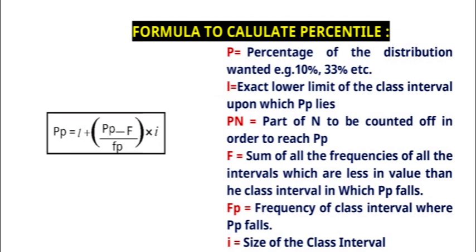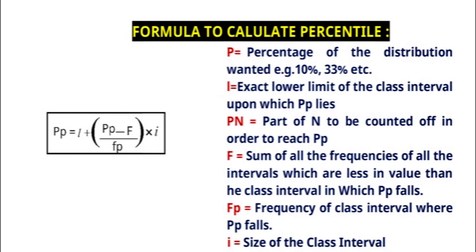This small p is the percentage of the distribution wanted. For example, if you want the 10th percentile, we will write P10. This small p will carry the value 10, P10. You want to calculate the 33rd percentile, P33. You want the 40th percentile, P40. So, this is the percentile.